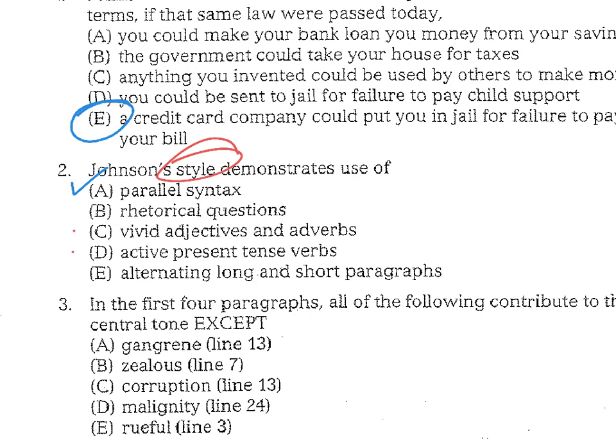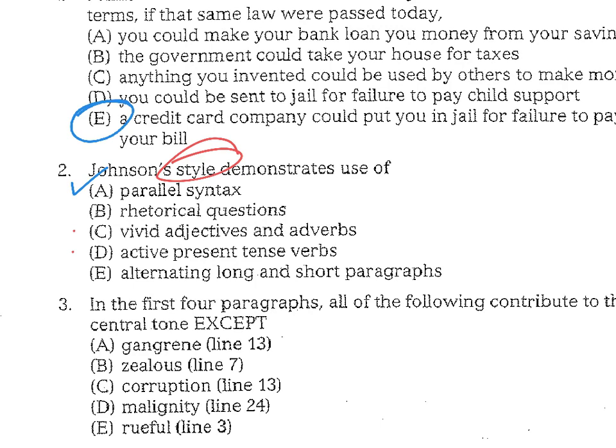Like active present tense verbs in your independent reading journals, you're looking for active verbs, not the passive verbs, the is, the was, the have, and all that kind of stuff. While it potentially could contribute towards style, it does tend to be more of a grammatical, mechanical thing. Folks are going to use verbs pretty much no matter what, so it's not something that's really going to distinguish one author from another. You're not going to go, ooh, that's the passive voice writer, that's the active voice writer. It's not really a stylistic thing quite as much.